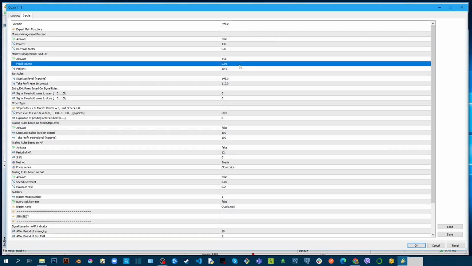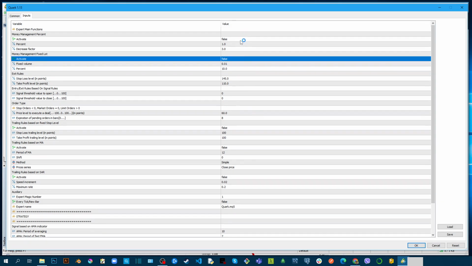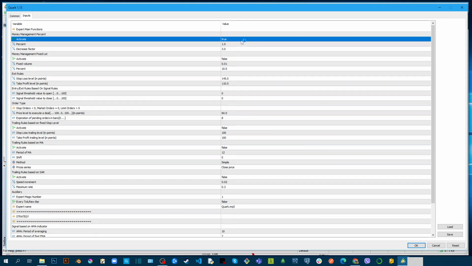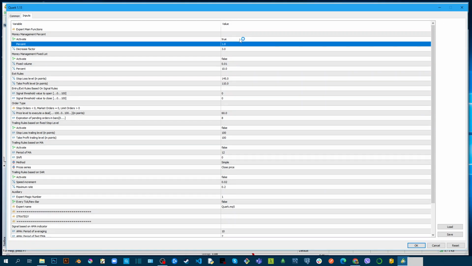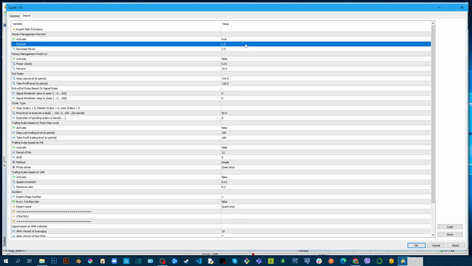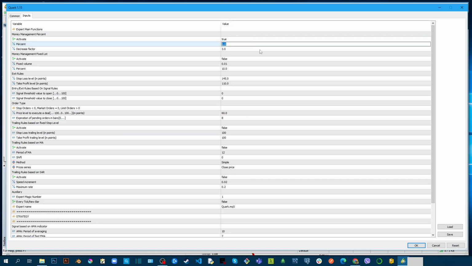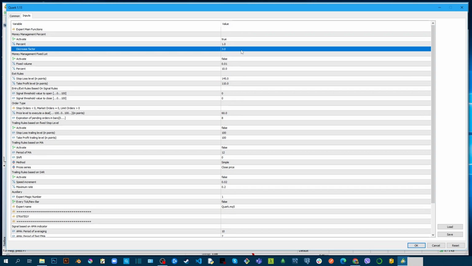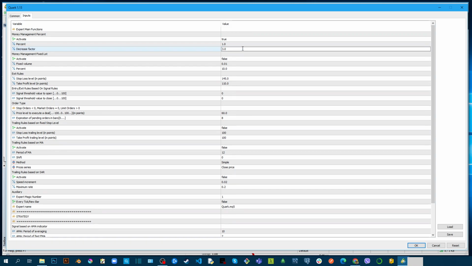These are fixed lot size, and the first is money management in percent. If you activate this money management system, you must insert some risk in percent here, and you must insert some decrease factor in this field. This field must be filled, because otherwise the expert will not work.